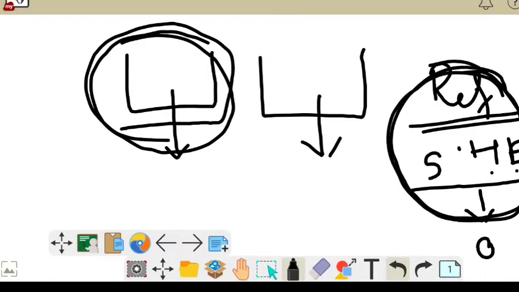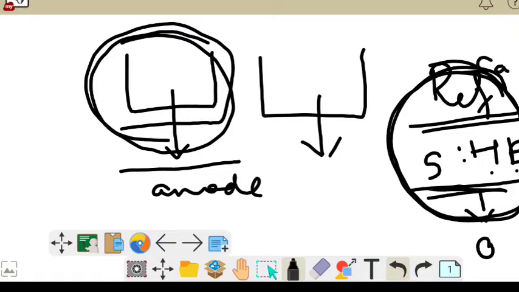Here this is the anode, so how will it be converted to cathode? Because the standard hydrogen electrode can act as anode as well as cathode. So whenever it is connected with an anode, it will act as cathode, and when it is connected with a cathode, it will act as anode. Like that you will get a complete cell.